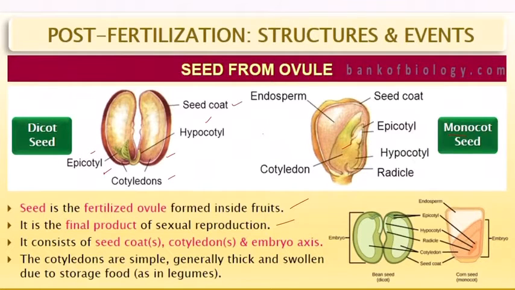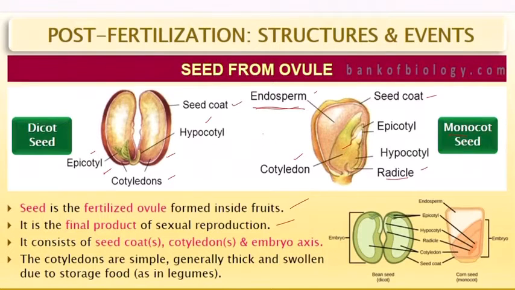So in dicotyledonous seeds, as you are seeing, externally there is the seed coat, then the cotyledons, and then the presence of hypocotyl and epicotyl structures which lead to germination of the new plant. Similarly, in a monocot seed, you can see the seed coat, then one cotyledon inside, and the triple fusion product, the endosperm, which is the nutritious tissue.